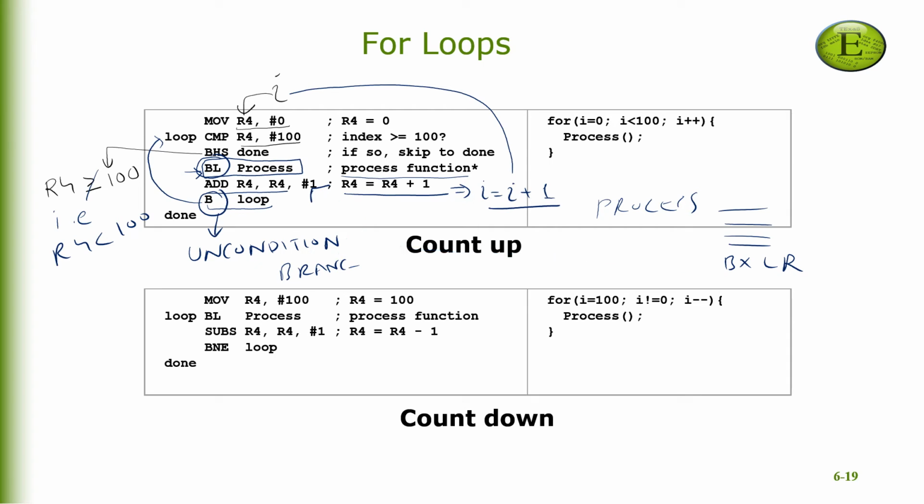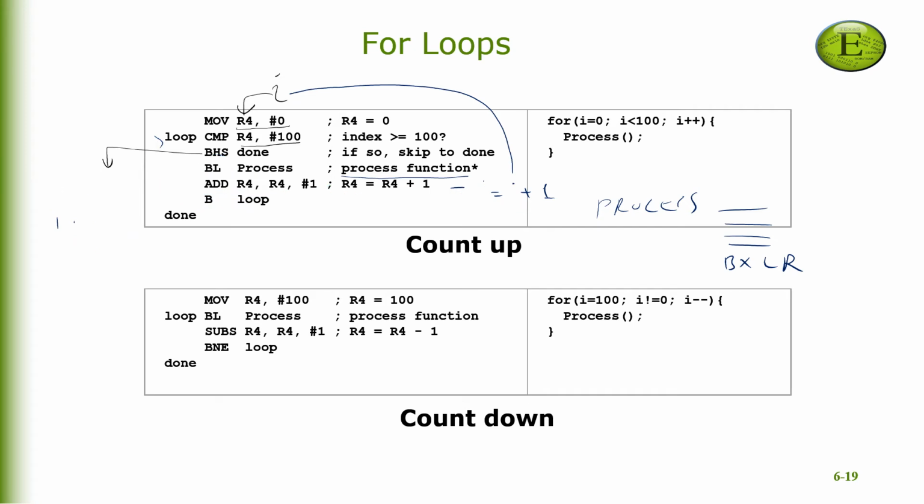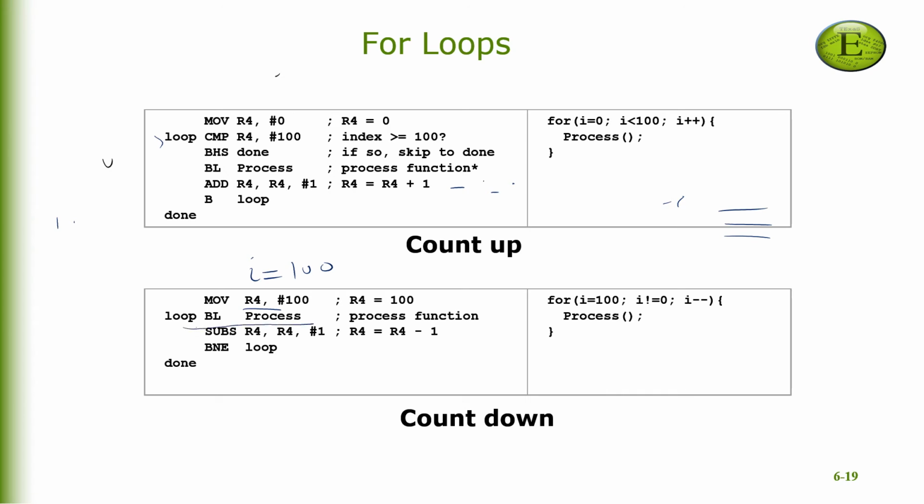On the other hand, if we are interested in implementing the descending for loop, we are going to initialize the loop variable I, which is in R4. So initialize I with 100. And then we are going to execute the body of the loop first.